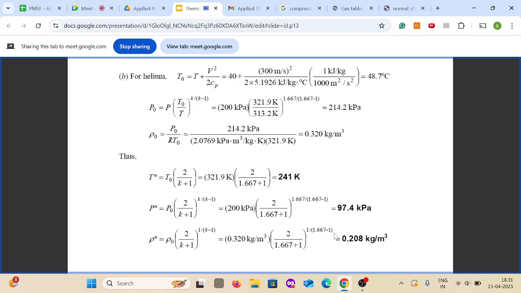So same process we do it for helium. So again, for helium T naught is T plus V square by 2 Cp, and T is 40 degrees Celsius and V is 300 meters per second.